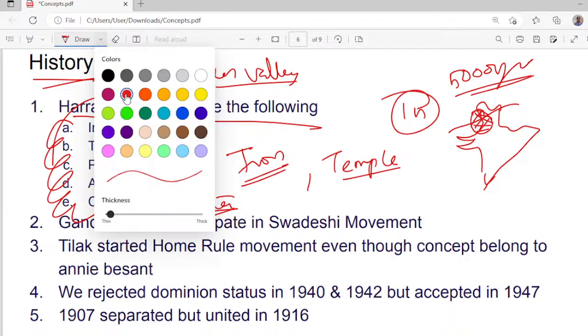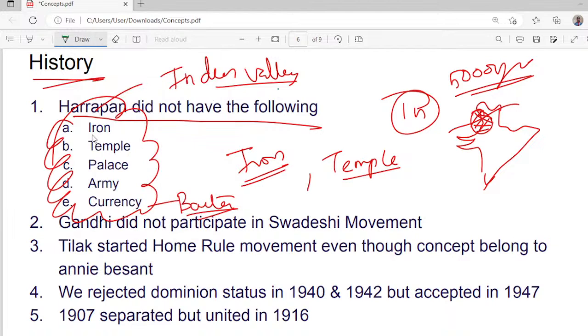That reason we'll study in detail when I'm teaching you. But what you should know is these people did not know the use of iron or temples, so they had no palace. There was no army, no currency, no money. They were using a barter system.